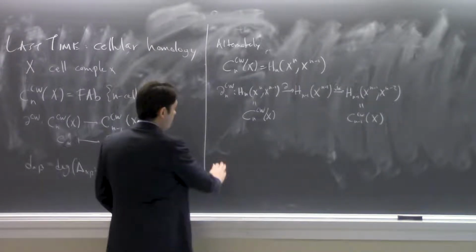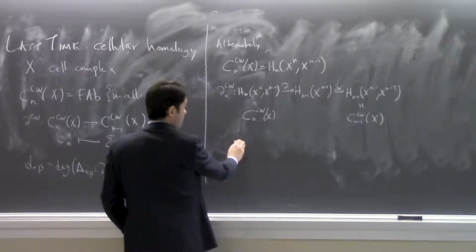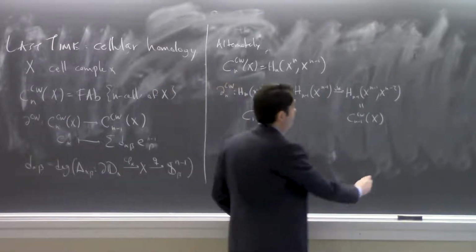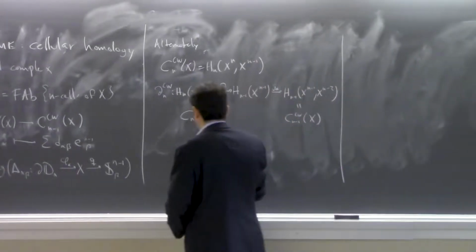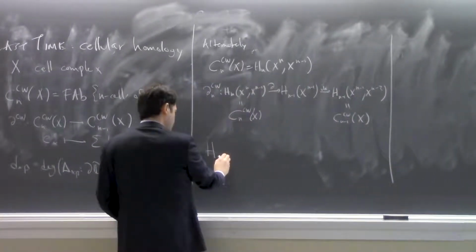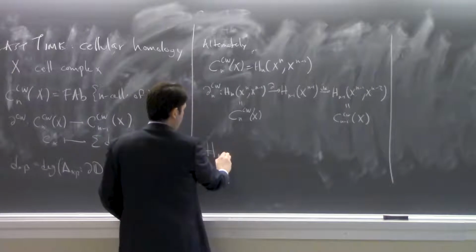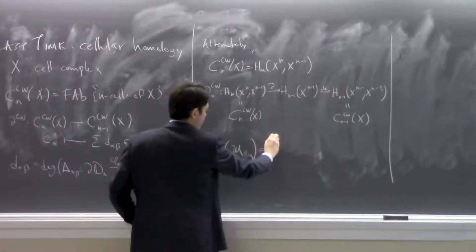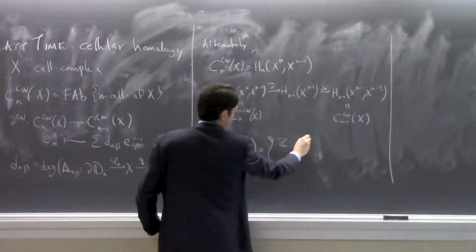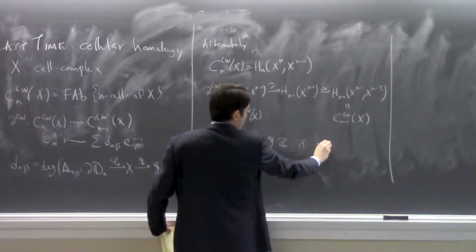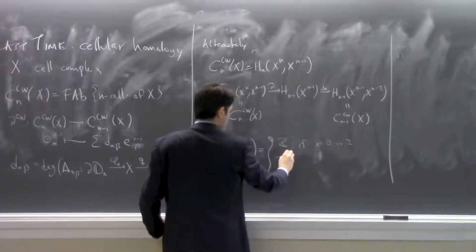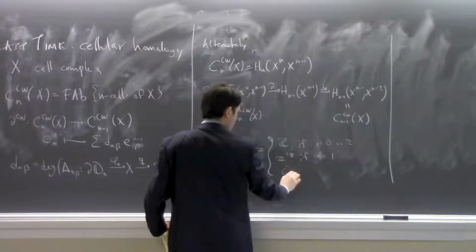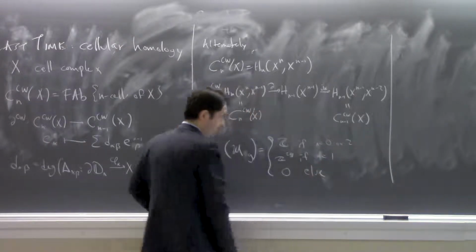Okay, so that was cell homology, and we used this to compute, for example, the homology of the orientable surface of genus G, and we saw that you get Z if n is equal to 0 or 2, and Z to the 2G if n is equal to 1, and 0 otherwise.